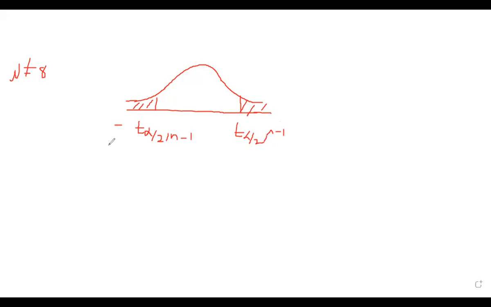This simply means that we are going to read T with alpha on 2, which we all know is 0.025, and then your n was 18, so 18 minus 1 will give us 17. And once again the graph is symmetric, so you just read the left value and then you negate it.